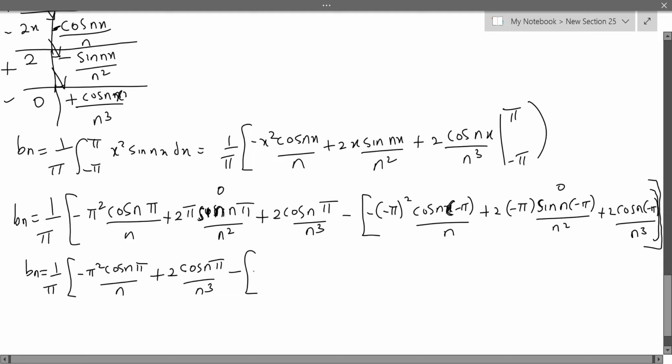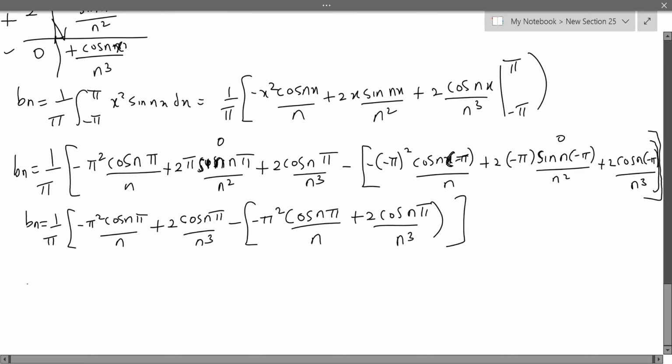This will give us minus pi squared because of this. If you do this one squared, you get pi squared. Because of this minus, there is additional minus left. And cos is a function that swallows minus, so you just get cos n pi over n. It will swallow that minus. Sine will give you 0, and then you get plus 2. Here too, it will swallow the minus, you get cos n pi over n cubed.